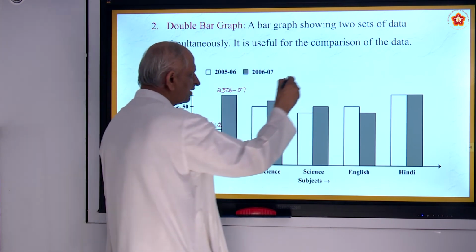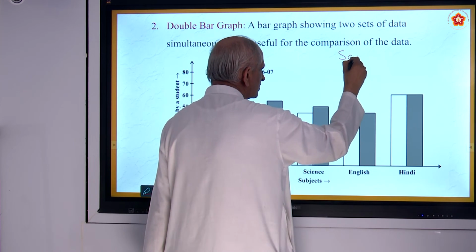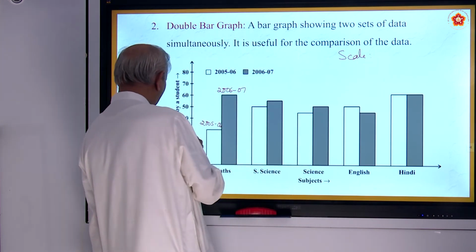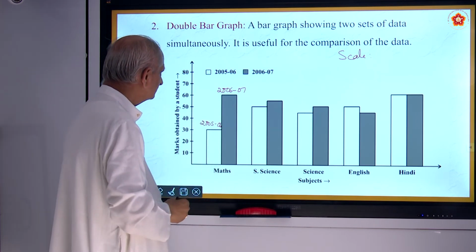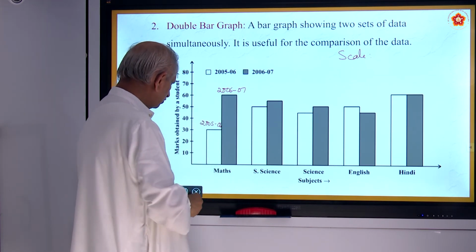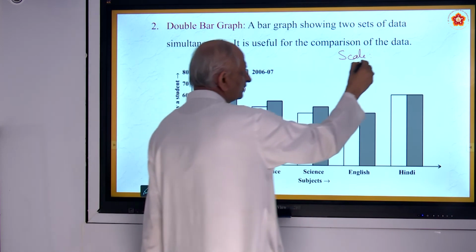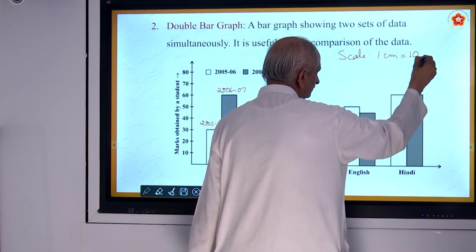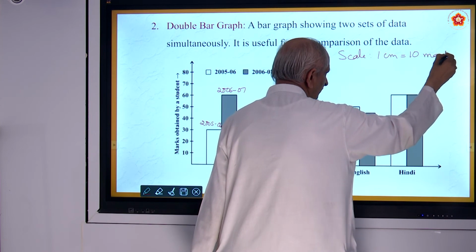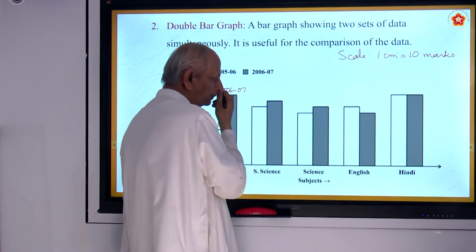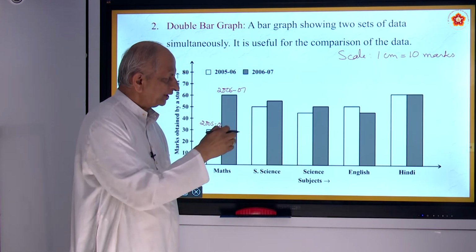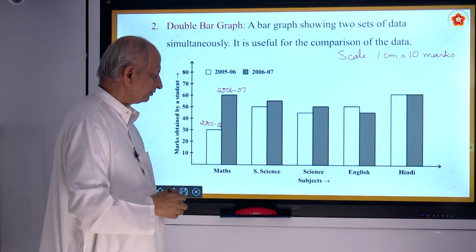Here scale is, what is this? Marks obtained by a student. So 1 centimeter means 10 marks. That is in y-axis. Correct? So like that you mark it out.